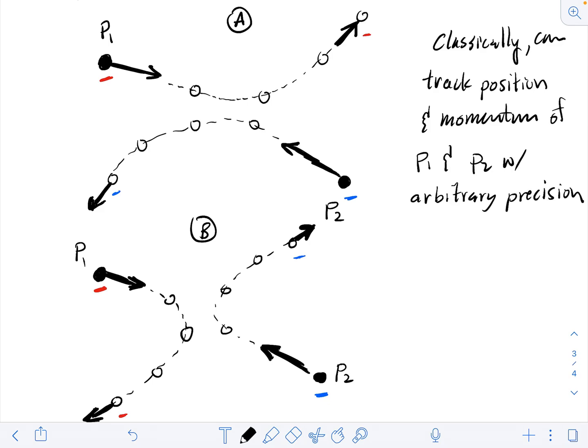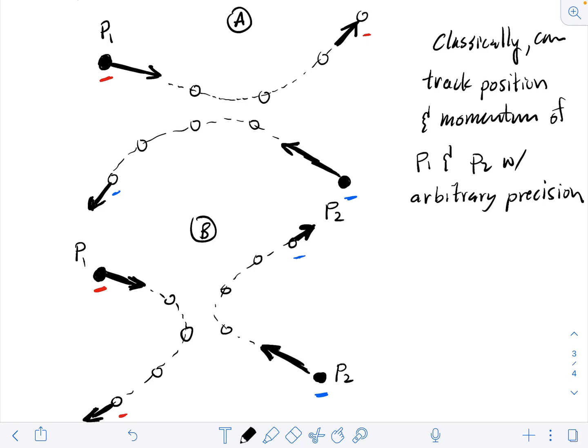Even if they're identical golf balls moving really fast, we can get a high-speed camera and track both the position and the momentum of both of those balls with as much precision as we care to.